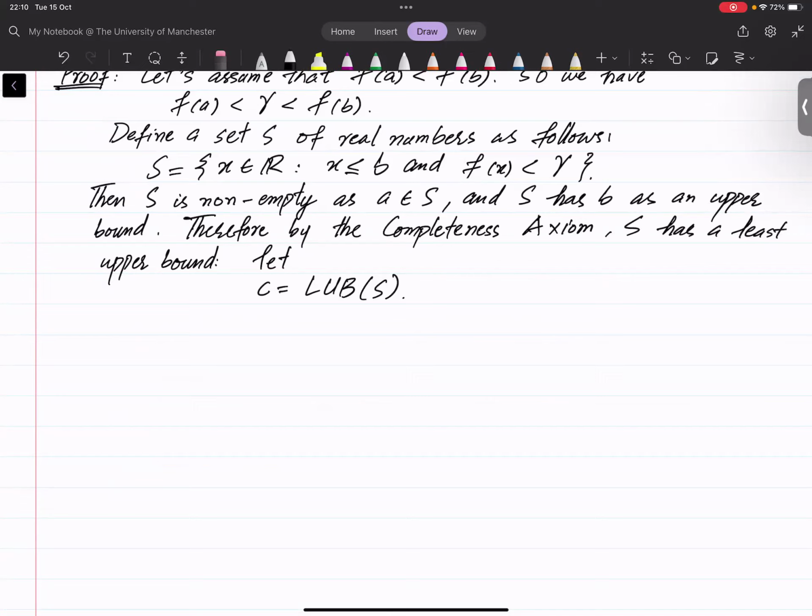Now we shall prove that f of c is gamma, which will prove the theorem.